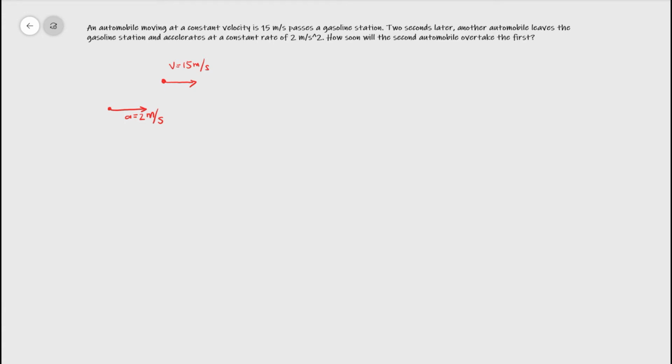And since he started here at the gasoline station, the initial velocity here is equal to 0. And we know that from the problem, the first car is ahead from the second car by 2 seconds.